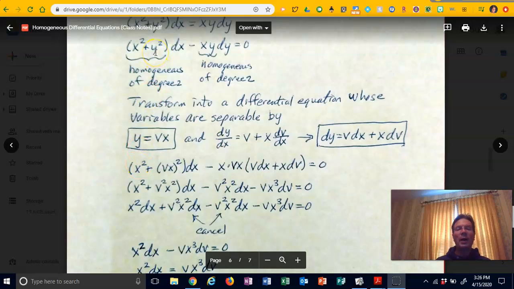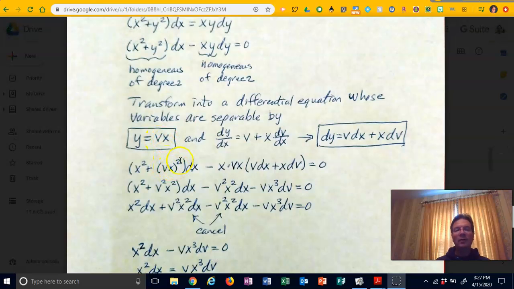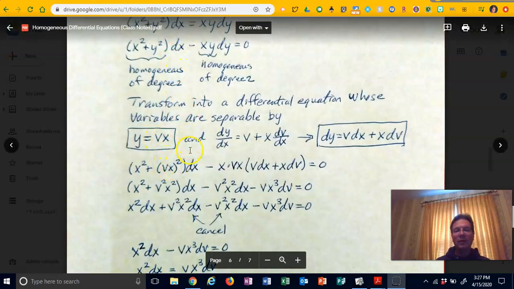Plus, there's y squared. Well, the y gets replaced with vx, so it's vx squared. There's the dx, it matches up. Minus, there's the minus sign. x, there's the x down here. There's y, I'm going to replace it with vx, so I get x times vx.